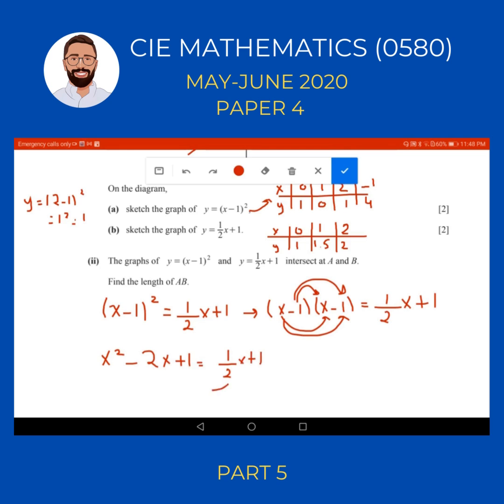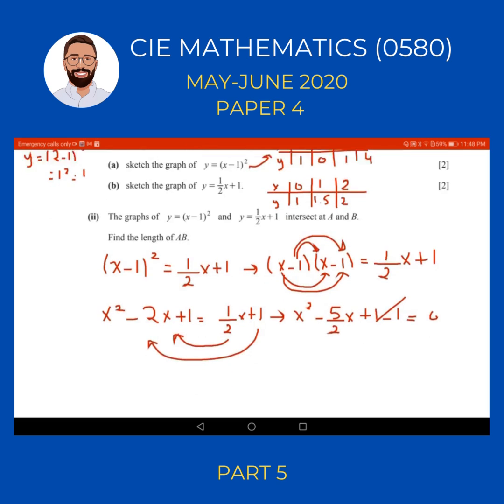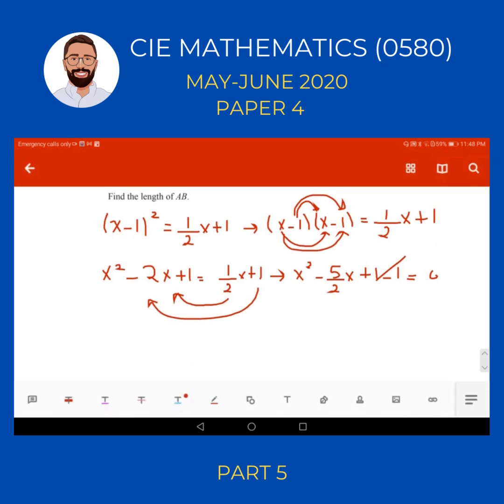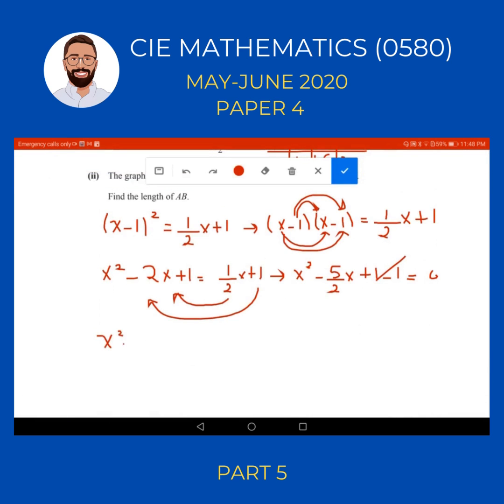So I want to shift half x to the left and 1 to the left, so it becomes x squared. Now minus 2x minus half x is minus 5 over 2 x, and plus 1 minus 1 equals 0, so these cancel out. So the final answer is x squared minus 5 over 2 x equal to 0.